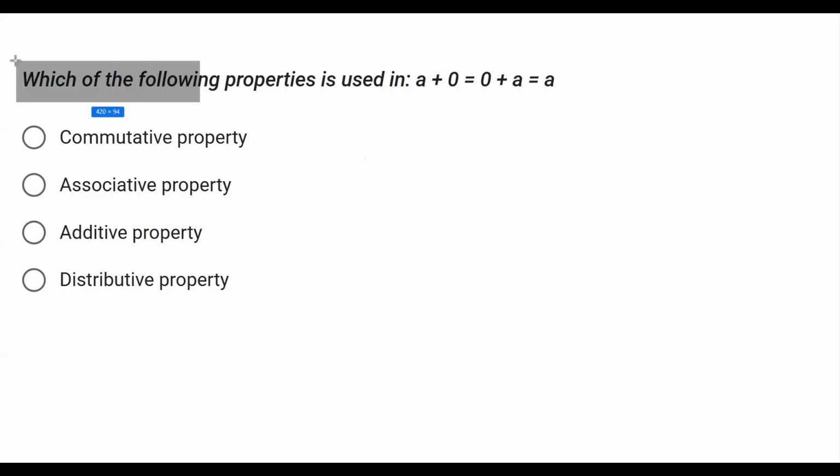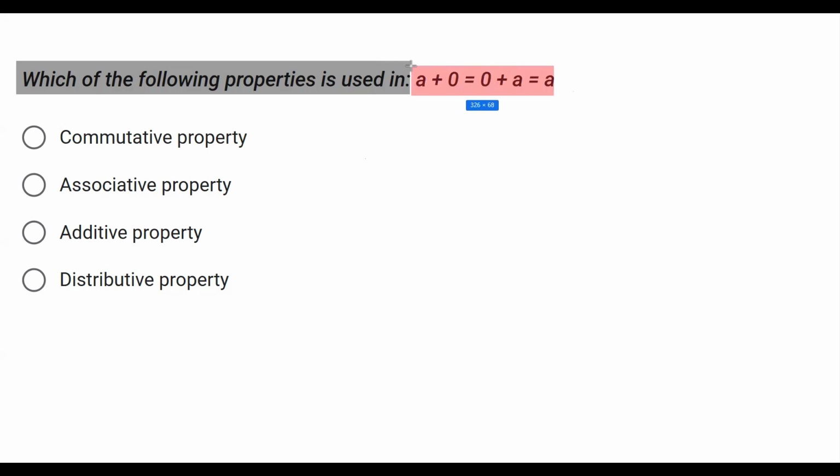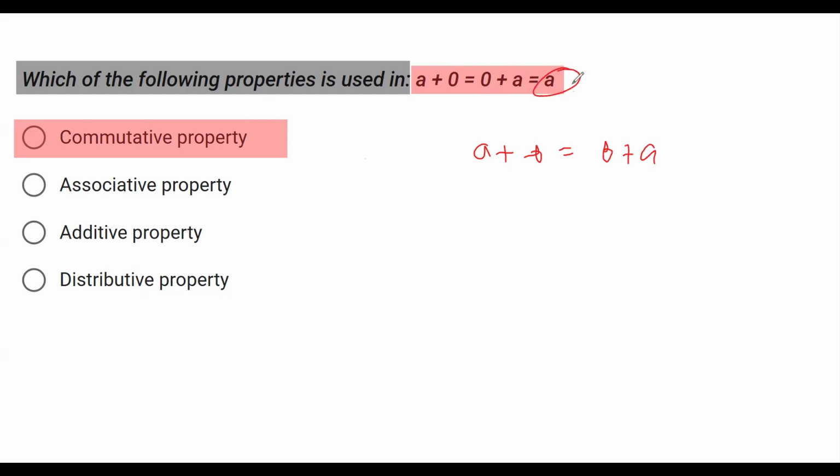Now, the question here is which of the following properties is used over here: 0 plus a equals a plus 0 equals a. I've seen that many of you use the commutative property. This is not commutative, as here a plus b is not equal to b plus a. The result here is a.